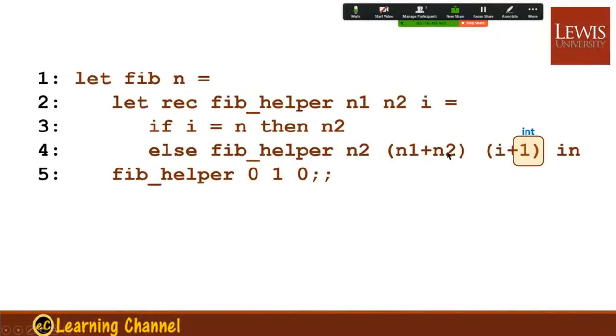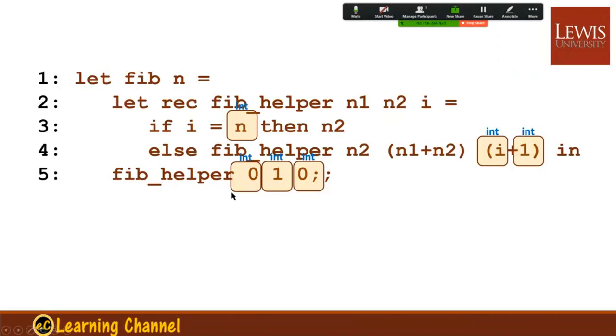So initially this 1 over here is integer type. So i plus it must be integer type. And then we have the n, which is compared to i, so that should be the same type.